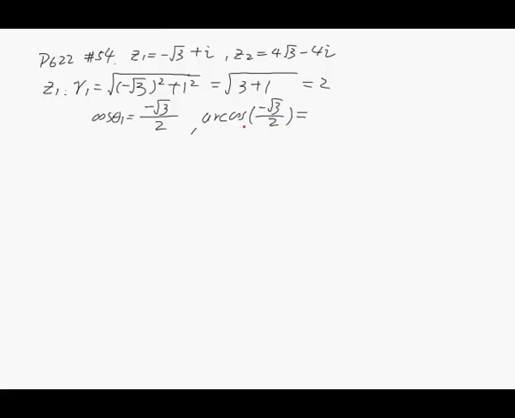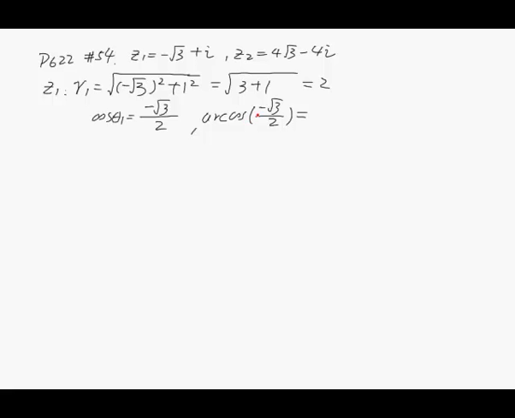What is the value? If we don't have the negative sign, arc cosine of root of 3 over 2 is pi over 6, right?